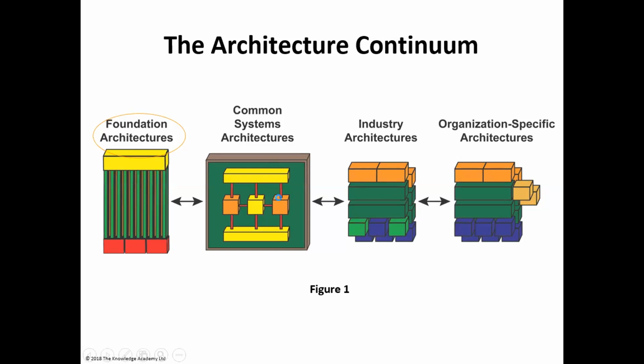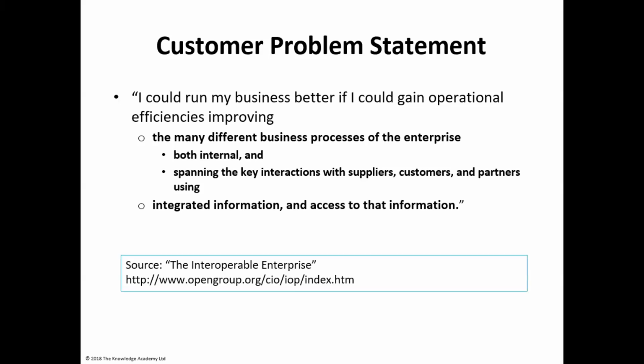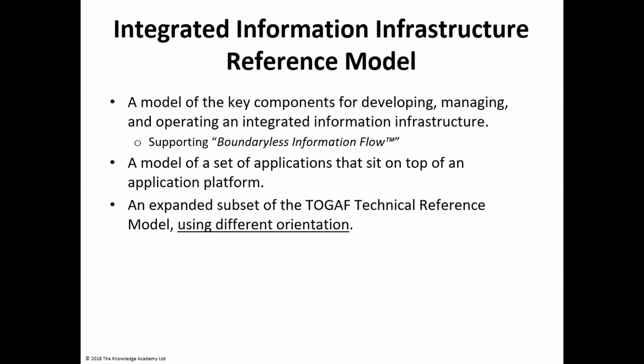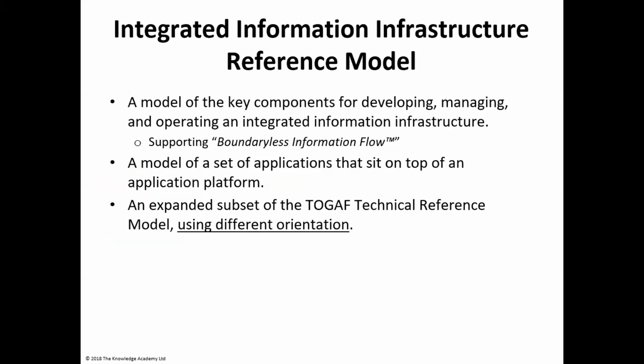Now, the first one is called TRM. Similarly, there's another one called III-RM, the Integrated Information Infrastructure Reference Model. It is specifically used for applications.